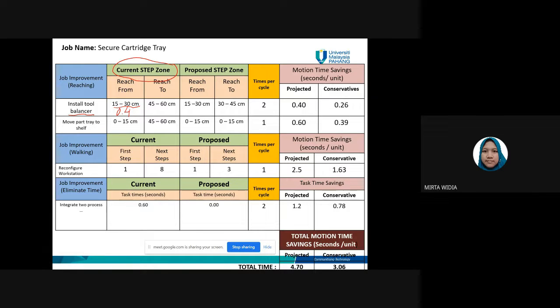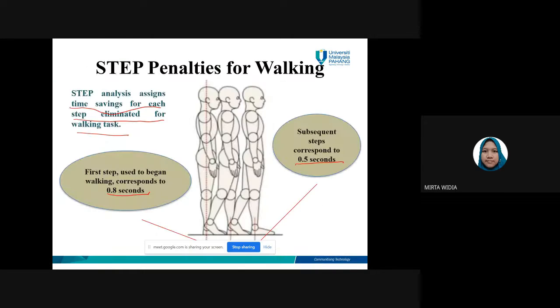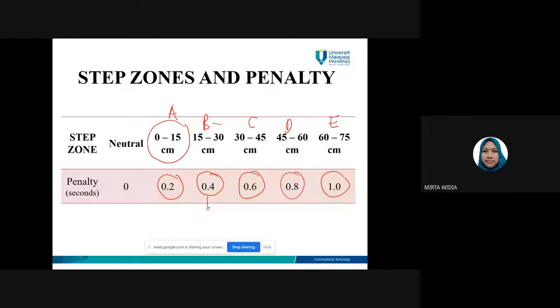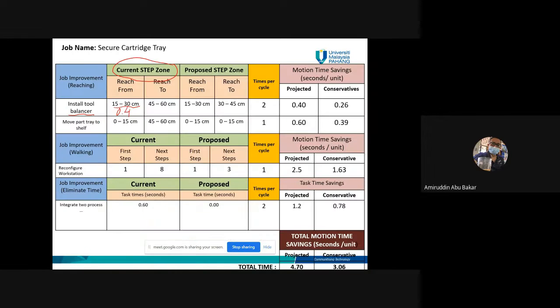And then reach to 45 to 60 centimeter is 0.8. So in the current condition, the person needs to reach from 15-30 to 45-60. So this is the condition.